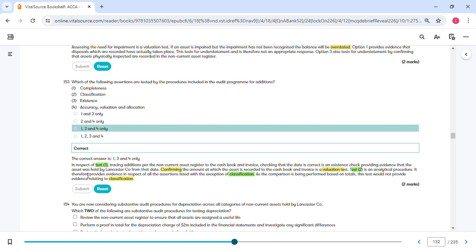Okay, remember this. Test 1 talks about existence and valuation. Test 2 talks about excluding classification, everything will be there.